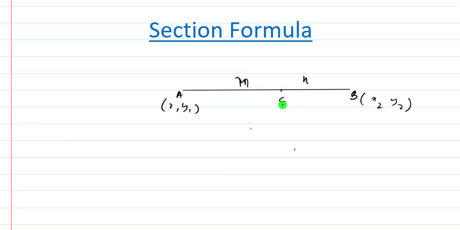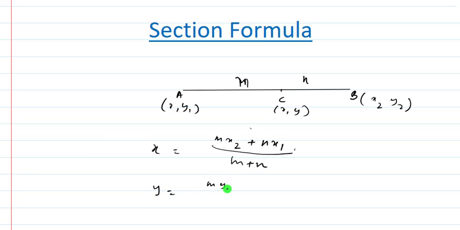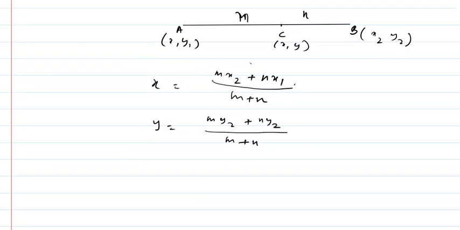To find the coordinates of point C, let x, y be its coordinates. Then x is equal to (mx2 plus nx1) upon (m plus n), and the y coordinate is equal to (my2 plus ny1) upon (m plus n). This you know very well.